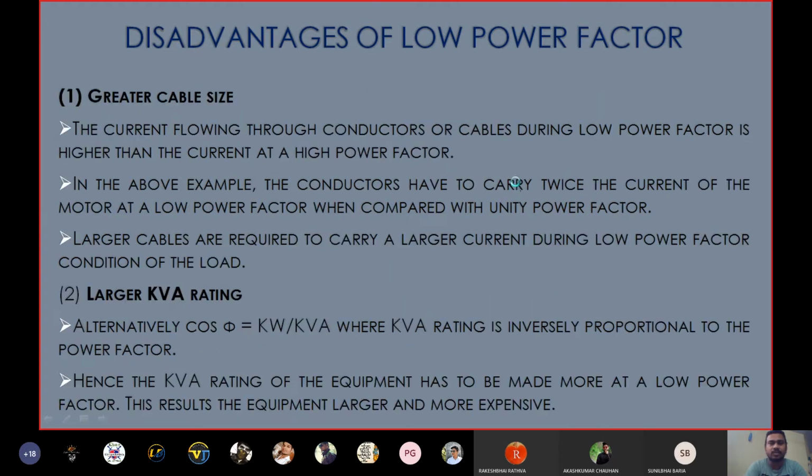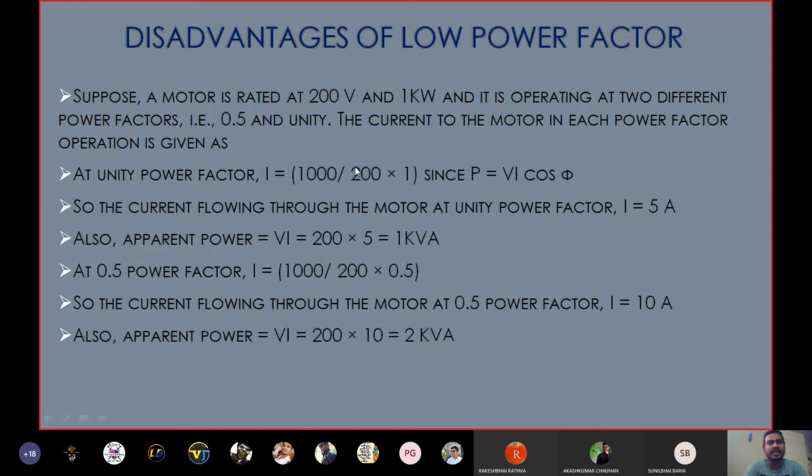So I = 1000 divided by (200 × 1). The current flowing through the motor at unity power factor is 5 ampere. The apparent power VI is 200 × 5, that is 1 kVA.